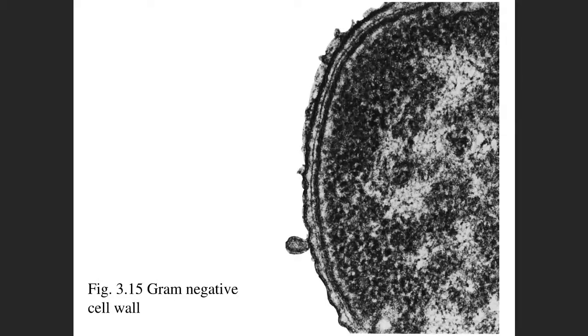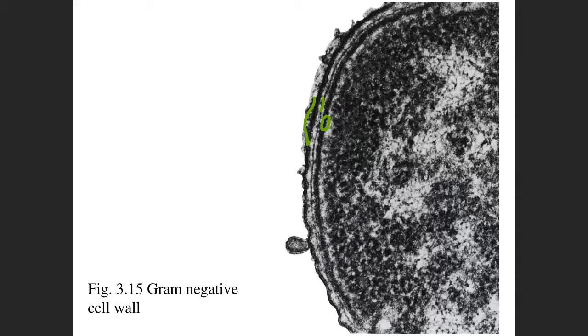You see here is 1 layer, another layer, and the outer membrane layer. Okay, so the picture here really demonstrates how thin the peptidoglycan layer is for the gram-negative bacteria, right?